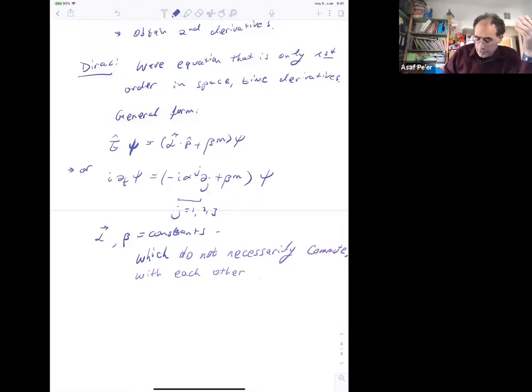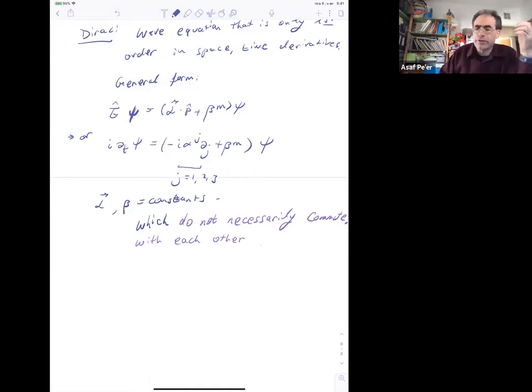Okay, now in addition, Dirac proposed some sort of an equation, but it's physics here. It's not just a game in mathematics. So he wanted this equation to describe a relativistic particle. But if it is to describe a relativistic particle, it must also obey the Klein-Gordon equation, because we know that the Klein-Gordon equation represents a relativistic particle, right?